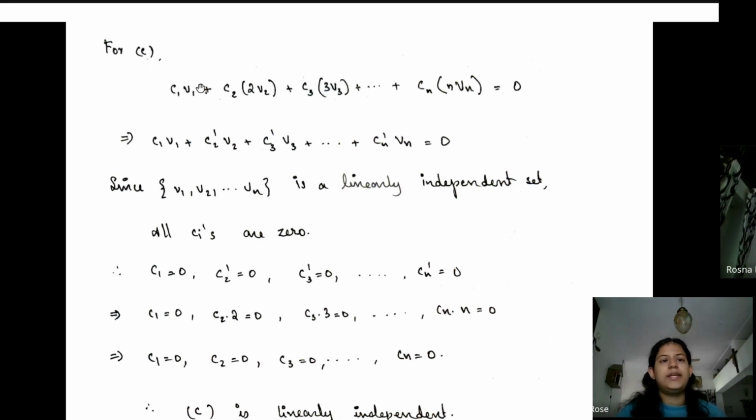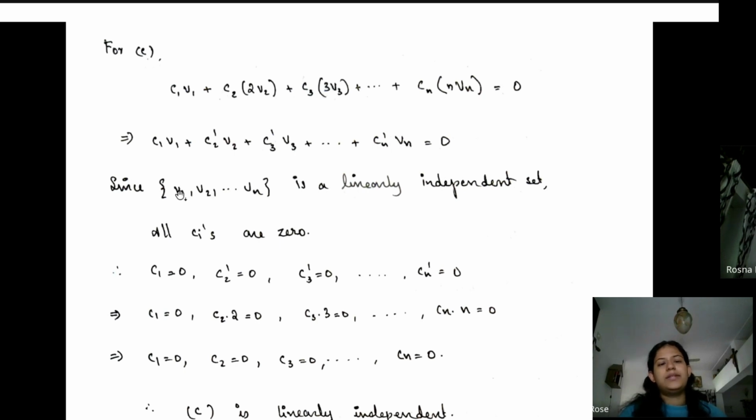So I take c1 v1 plus c2 of 2v2, c3 of 3v3, up to cn of nvn, which is equal to 0. But here you can see that c2 and 2 are all scalars from the field, so I can combine them into a different scalar from the field. I call them collectively c2 dash, and in a similar way c3 dash, up to cn dash.